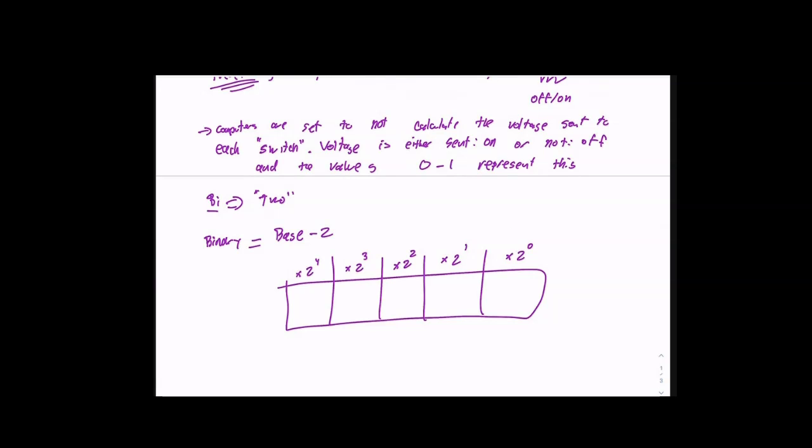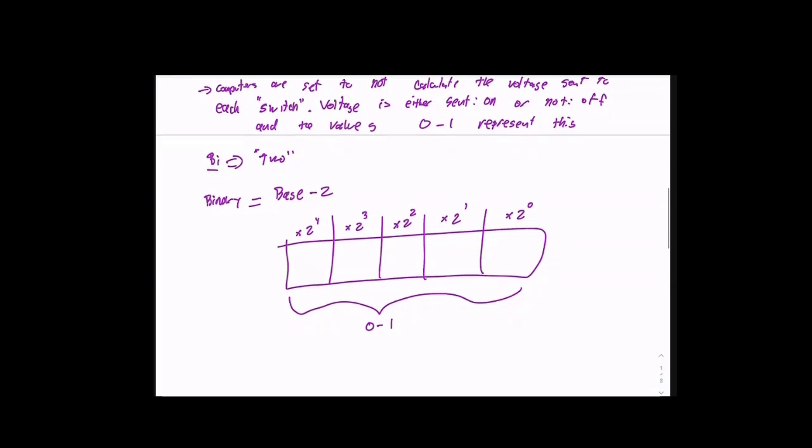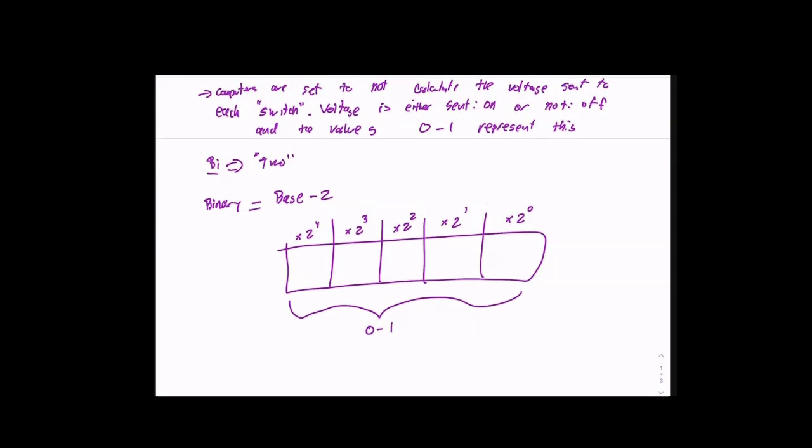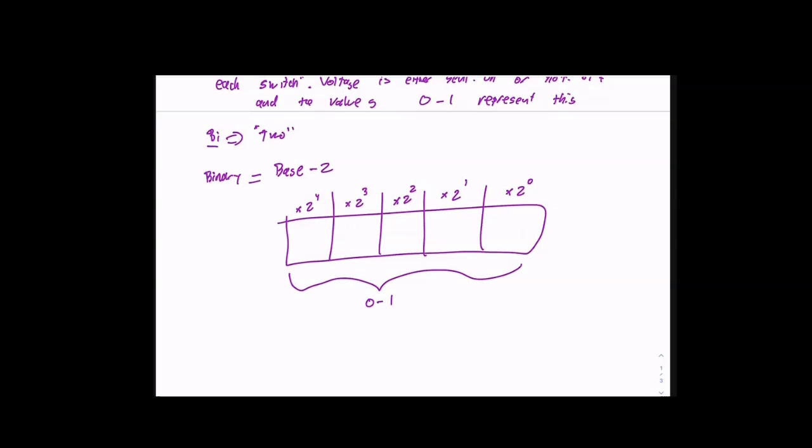And the choices that can be in here are either 0 or 1. We either turn the switch on or we leave the switch off. Now, this is one way to represent the table, but what is 2 to the 0?